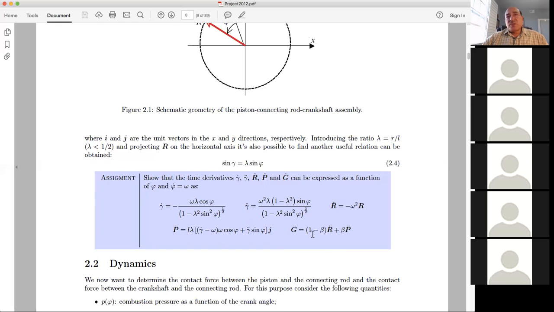So how do we do the force analysis? In the force analysis, we have a pressure that is driving the system, and that pressure is dependent on the particular combustion process and the energy in the combustion process. So for every engine, there is a pressure profile.